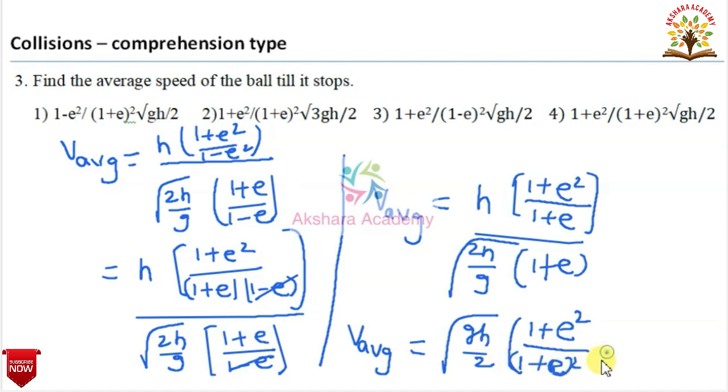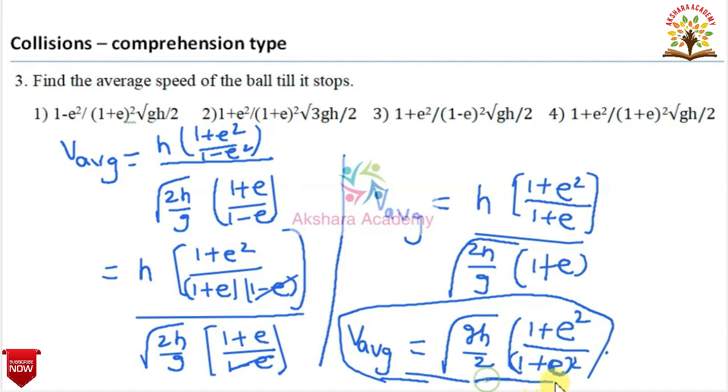This is the average speed of the ball till it stops. So in this, which option is correct? Fourth option is correct.